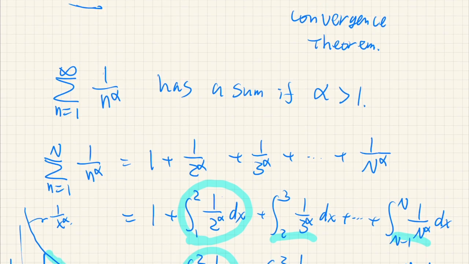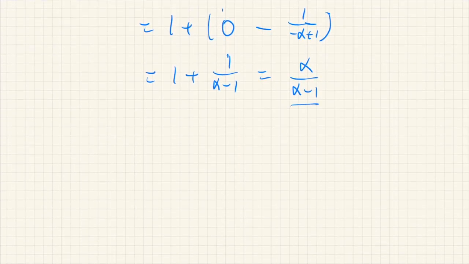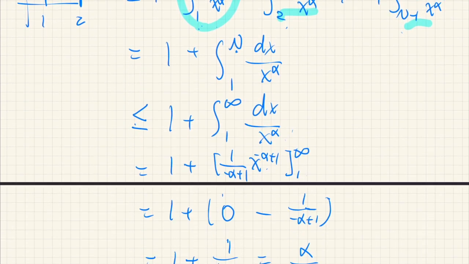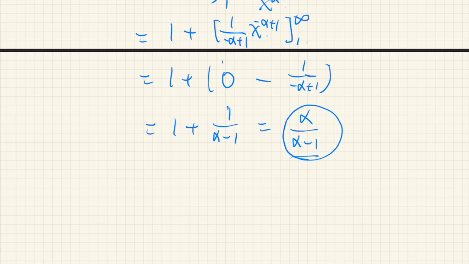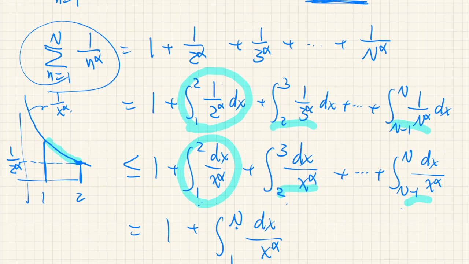Note that we're assuming that alpha is greater than 1, so this is greater than 1. So after all, this series is bounded above by this value. So according to the monotone convergence theorem, this series converges to some value.